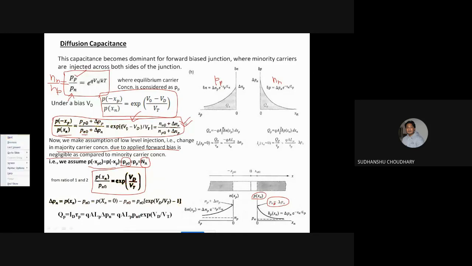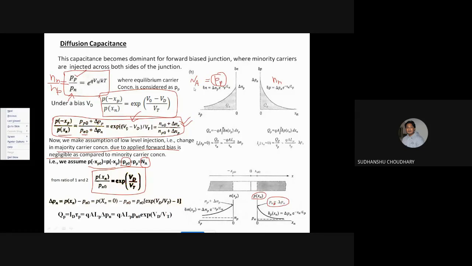If we are assuming that majority carrier concentration, pp, is not changing with applied bias, then this p minus xp, that is holes in p-type, should be equal to equilibrium carrier concentration of holes in p-type, or equal to the acceptor carrier concentration in p-type, because p-type material is made by doping the material with acceptor impurities.